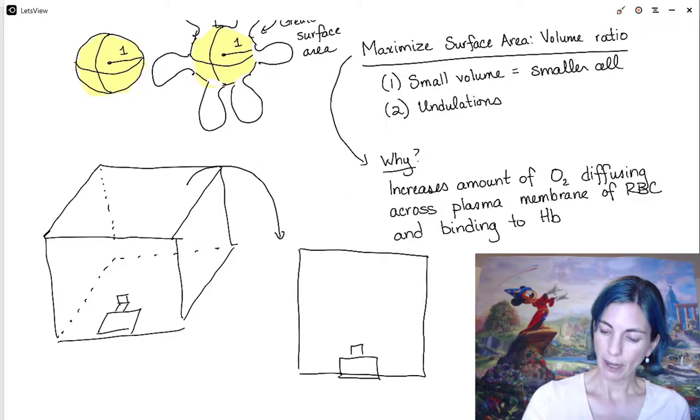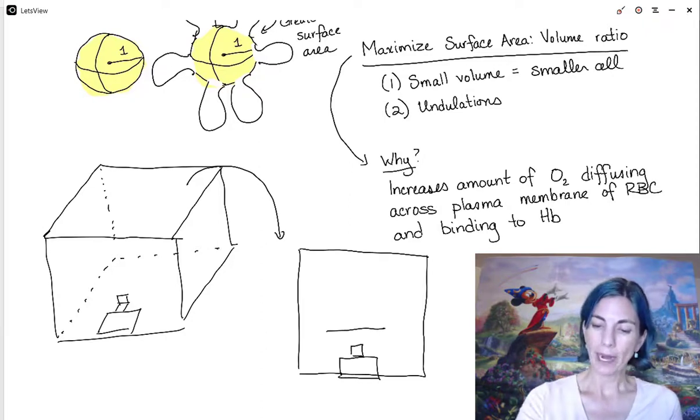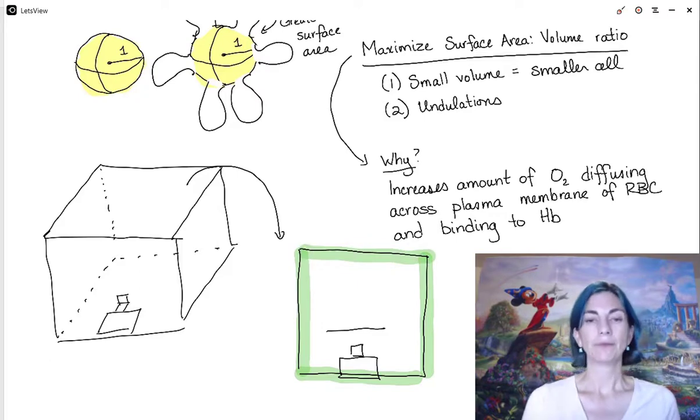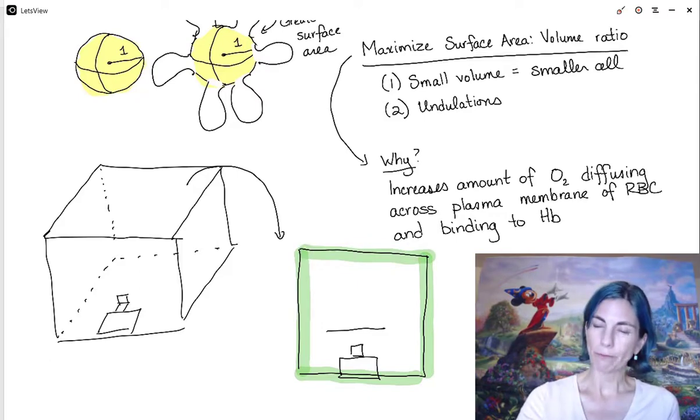Here's my chair. There's my backboard right there. And what I said before is that I would line the walls with wallpaper. Now I'm going to take that roll of wallpaper and I'm going to start going back and forth like that.